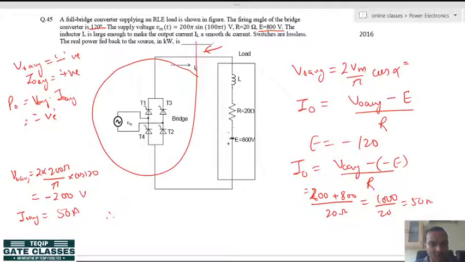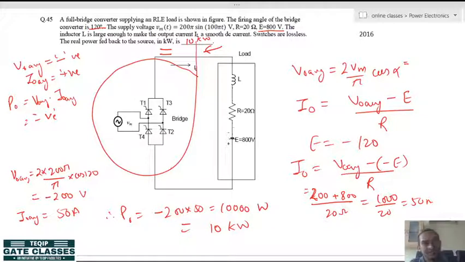Therefore, P naught, what is supply fed back, is minus 200 into 50, which means 200 into 50, 10,000 watts, but we have to give the answer in kilowatts. So, it will be 10 kilowatts. So, 10 kilowatt power is being fed back to the supply. Okay. So, you see how simple the questions are, the only thing required is the concept.